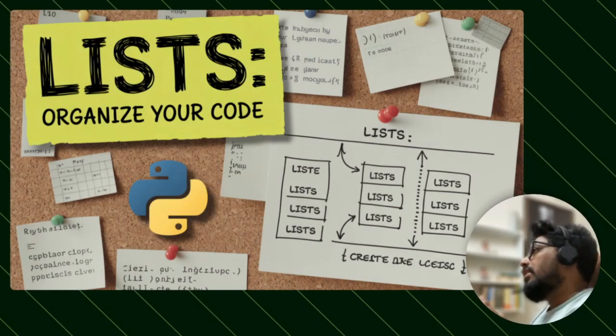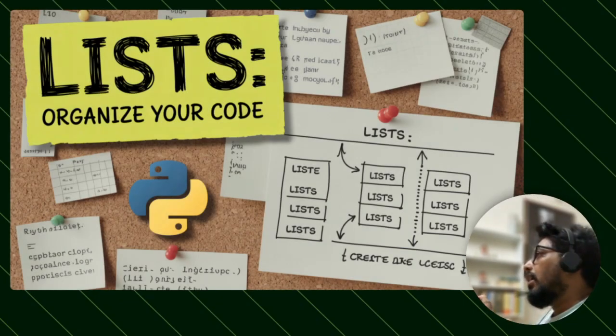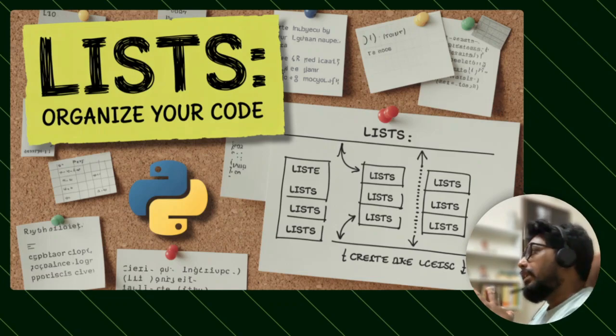As I said, Python lists are one of the most important data structures that we have. The reason being it allows us to store multiple variables in a single element and then access those elements one by one, or however you want to access them. Okay, so let's see how it exactly works.